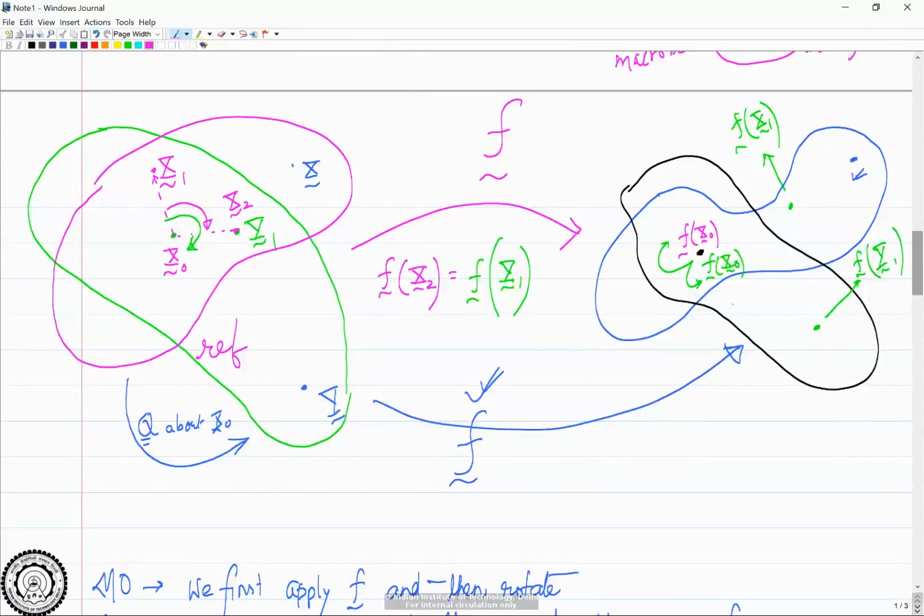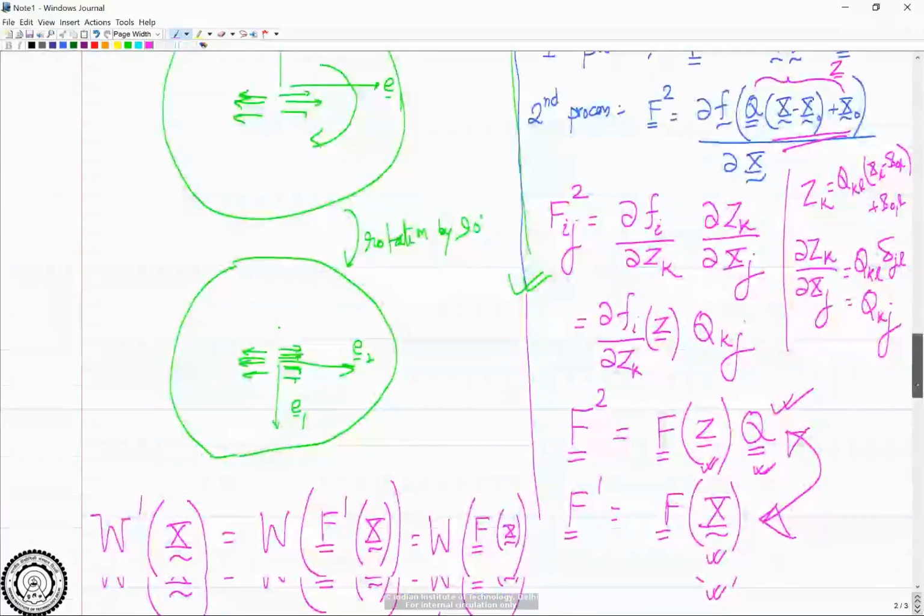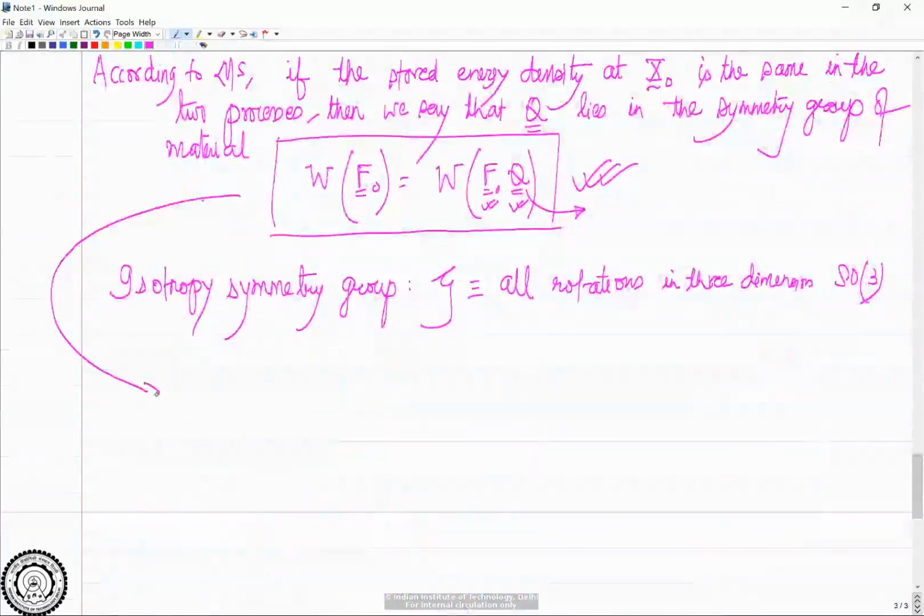Okay, if you're not able to think about it, then let us first work out the mathematics and maybe we can then come back to the physics. So from here, to talk in terms of sigma, we obviously have to take the gradient with respect to F, isn't it? So let us do that.